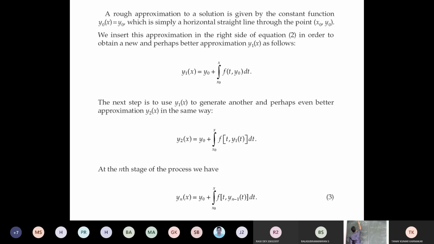And again, f of xy is y. So only this component will come. So it is 1 plus 0 to x, 1 plus t dt. Okay, so this is going to give you 1 plus x plus x squared by 2.